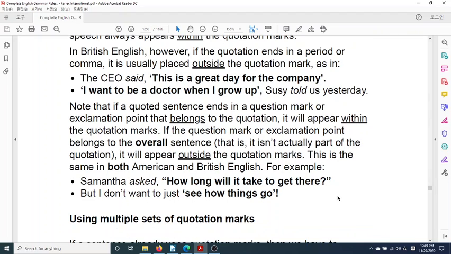Note that if a quoted sentence ends in a question mark or exclamation point that belongs to the quotation, it will appear within the quotation marks for both. If the question mark or exclamation point belongs to the overall sentence, that is, it isn't actually part of the quotation, it will appear outside the quotation marks for British English, but inside for American English.